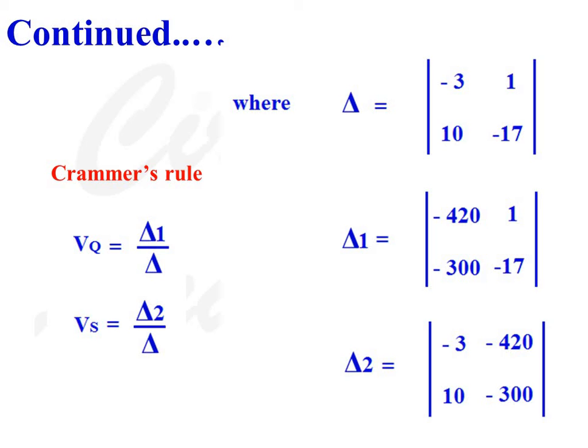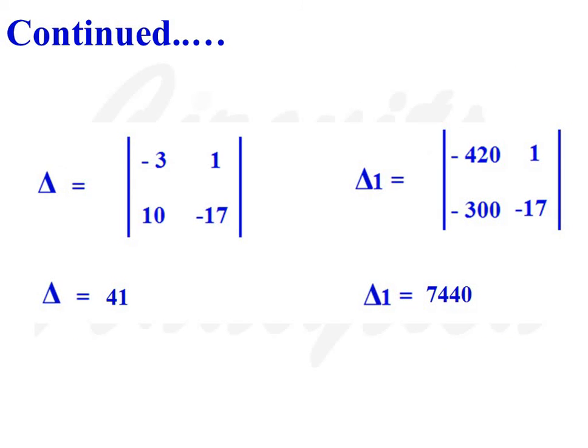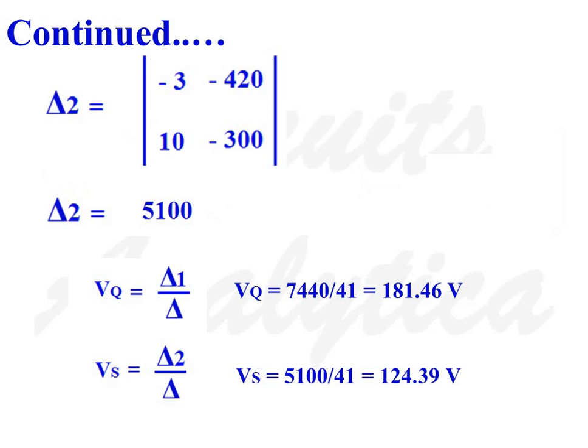And delta 2 is equal to determinant of minus 3, minus 420, 10, minus 300. So we will get delta is equal to 41. Delta 1 is equal to 7440. And delta 2 is equal to 5100.